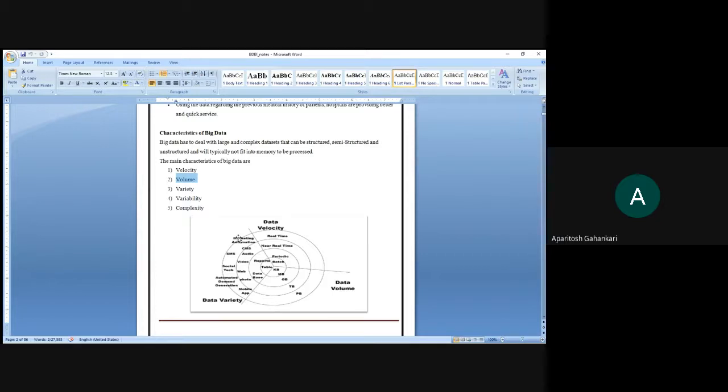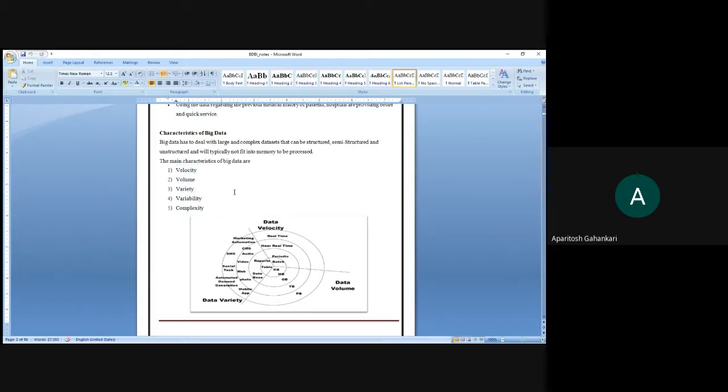Because that requires a certain specific format, but the Facebook comment cannot fit in the formats required by the relational database management system. So velocity, volume and variety are the three big characteristics of big data.